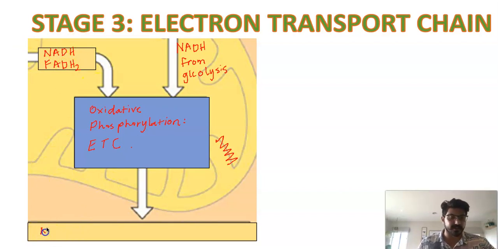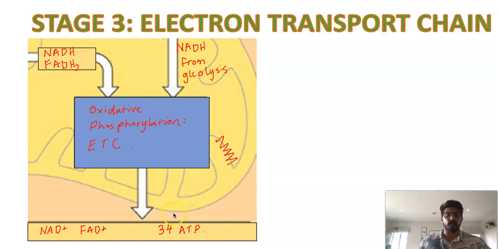So we're going to end up with a bunch of NAD plus molecules, a bunch of FAD plus molecules. But we're going to end up also with a whopping 34 ATP molecules.